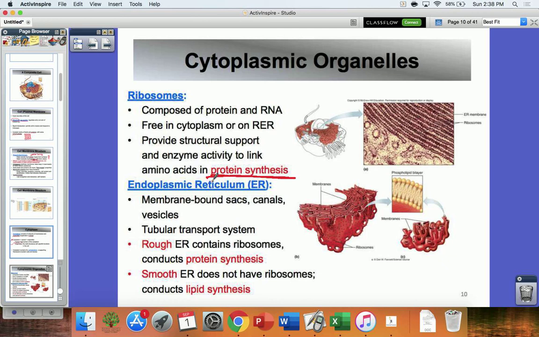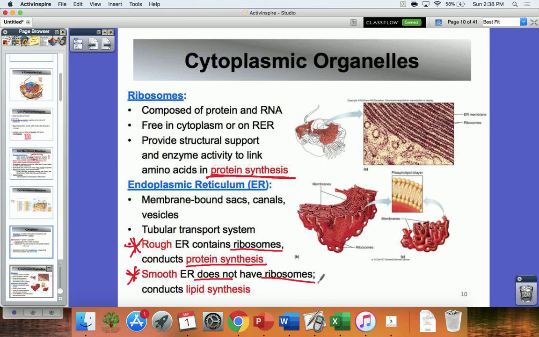Our ER, now we do have two different types of ER. We have rough ER and we have smooth ER. Rough ER is called rough because it contains ribosomes. And because it contains ribosomes, it's going to also be responsible for protein synthesis. Smooth ER does not have ribosomes, and that's why we call it smooth.